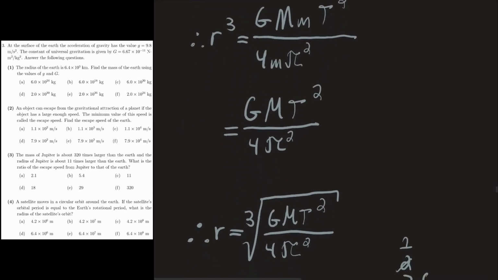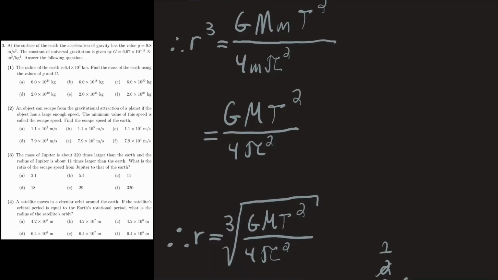Once you do that, you get that r cubed is equal to big G times big M times the period squared over 4 pi squared, which means that r is equal to the cube root of all that stuff. So now we even have a cube root in our expression, which is pretty awful. But just like before, if you manipulate the numbers a bit, you can get an expression that's a lot easier to solve.